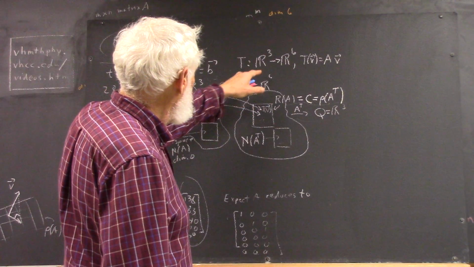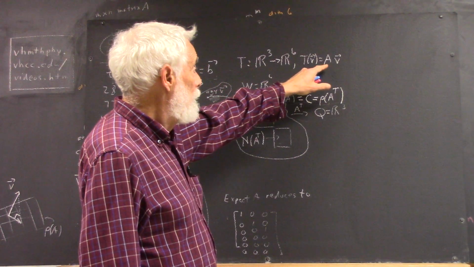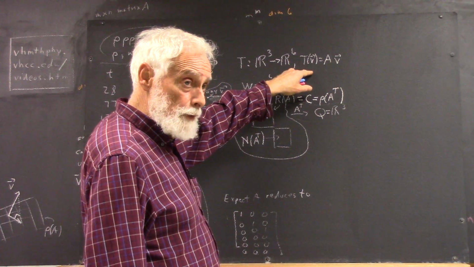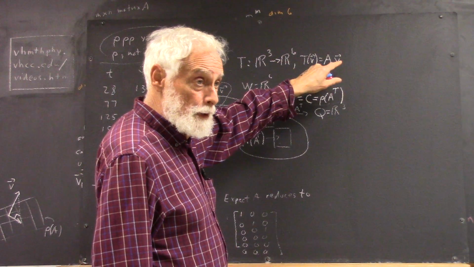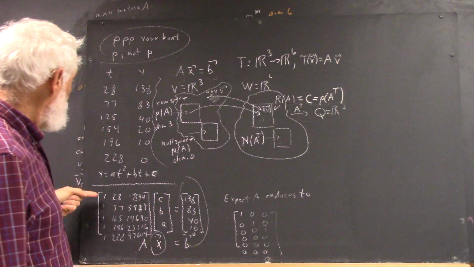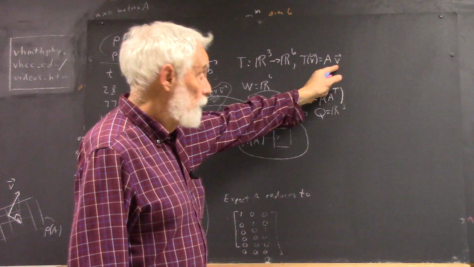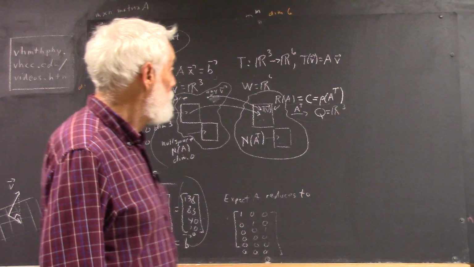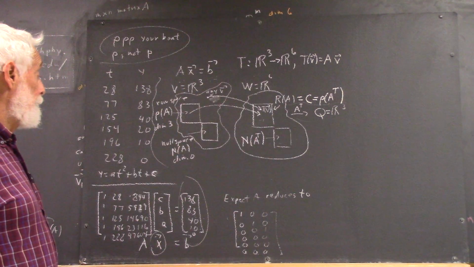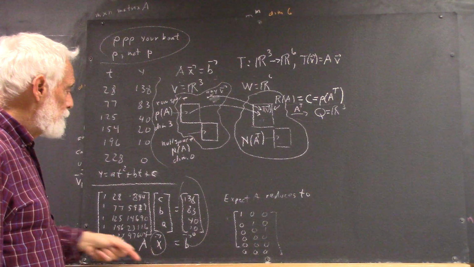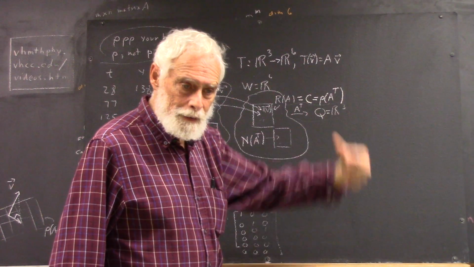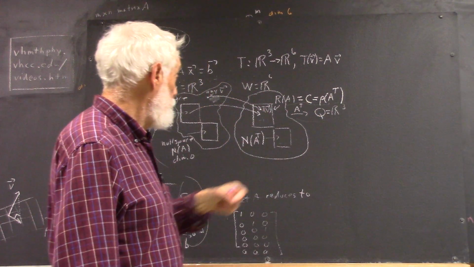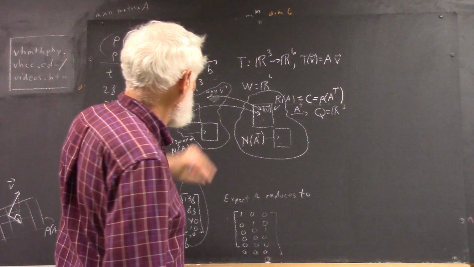Okay, so we're mapping R3 to R6 if we define our transformation as being the product of A with the vector V. Again, 3 numbers in a row means that A can only act on vectors in R3. And the fact that we have 6 rows means that the result is going to have 6 numbers in the column. Okay, so it's going to be in R6.